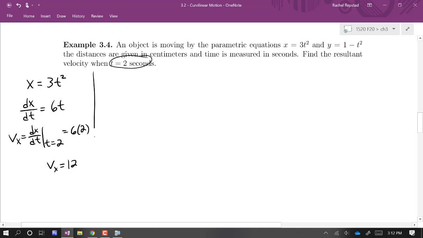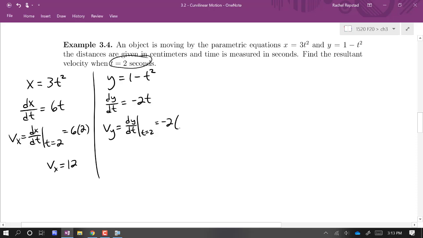And then we do it again for the y function. So y is equal to 1 minus t squared. dy/dt is negative 2t. So Vy is negative 2 times 2. Again, I'm just plugging in the value. In fact, maybe I'll write that out. I'm evaluating dy/dt at t equals 2.